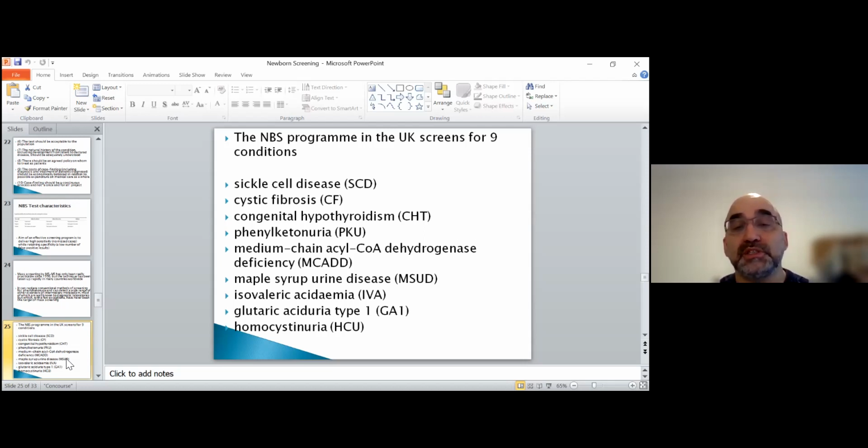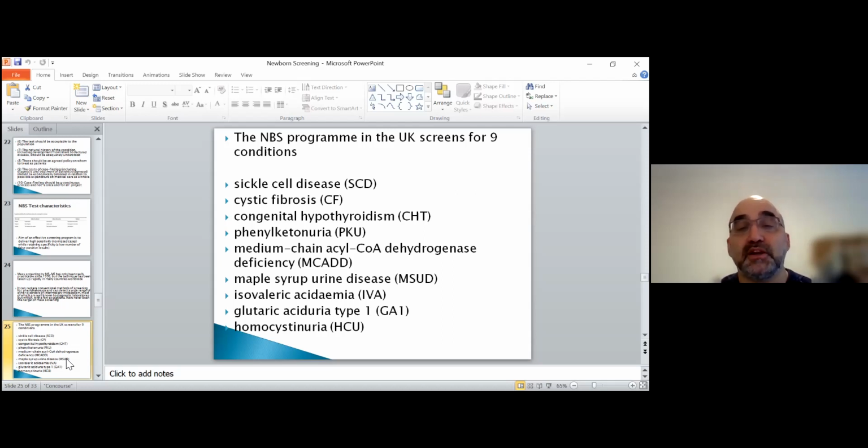Maple syrup urine disease, MSUD, is an amino acid disorder that can again cause serious neurological problems, sometimes acidosis, seizures, and death. There are also isovaleric acidemia and glutaric aciduria, which are classified as organic acid disorders. These are all detected on the blood spot.